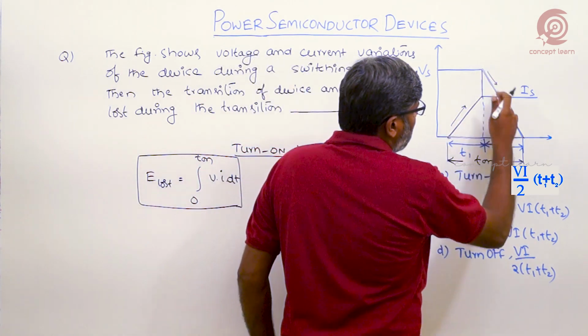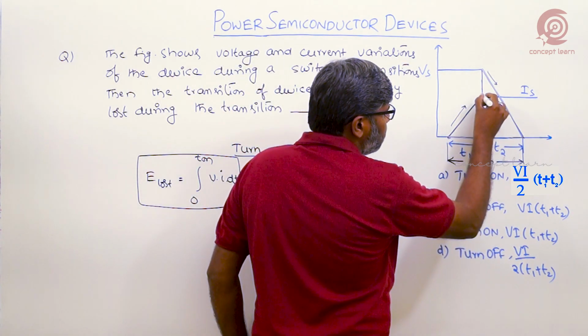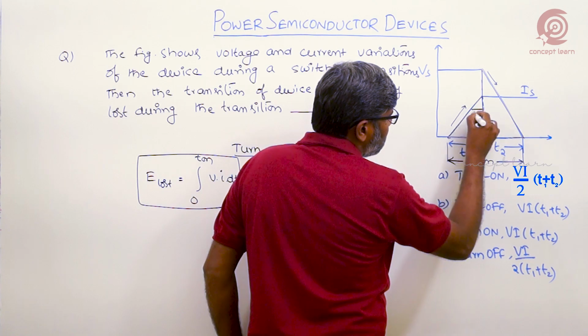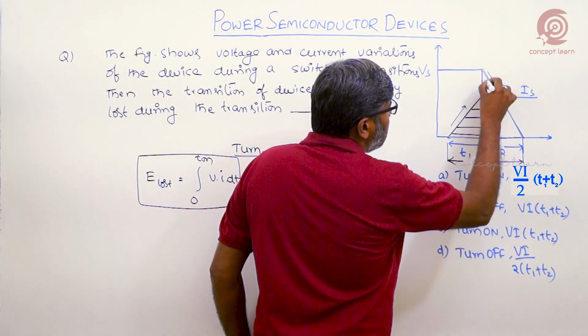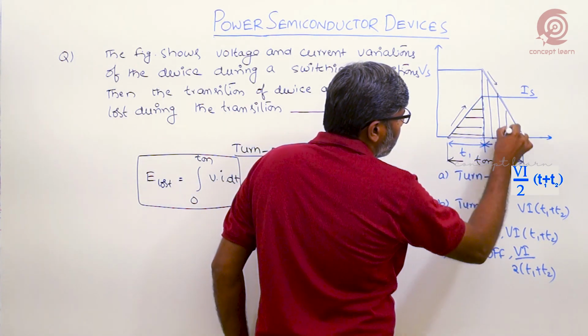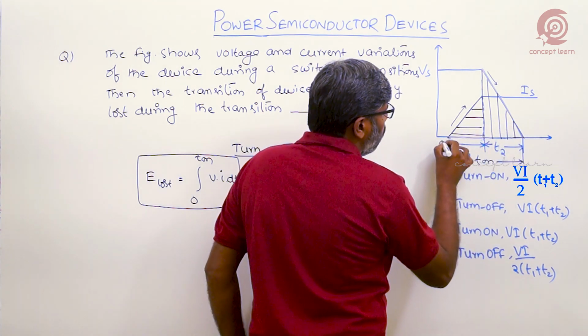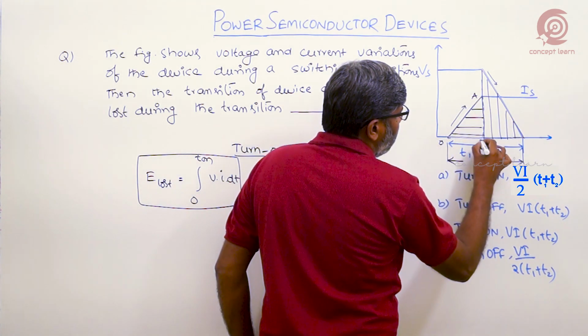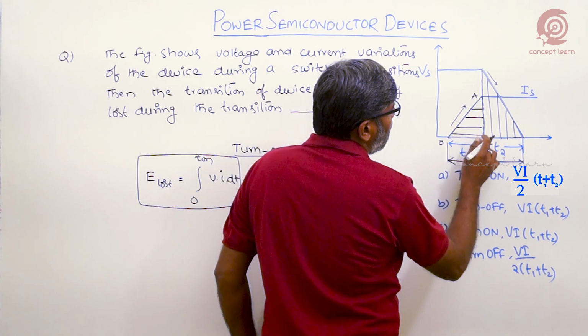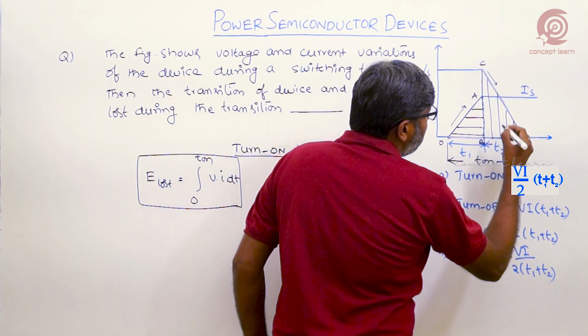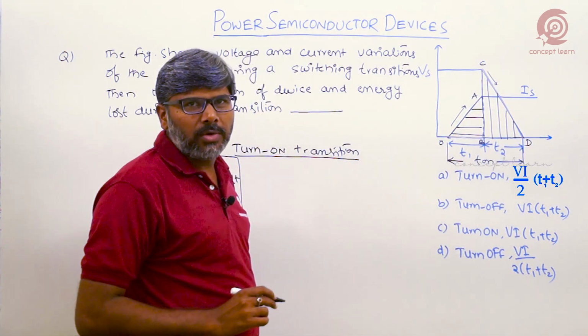So this curve has two triangles. When you observe clearly, this is one triangle, let us take the small triangle, and this is a bigger triangle. Let us say O, A, B and B, C, D. There are two triangles in this waveform.